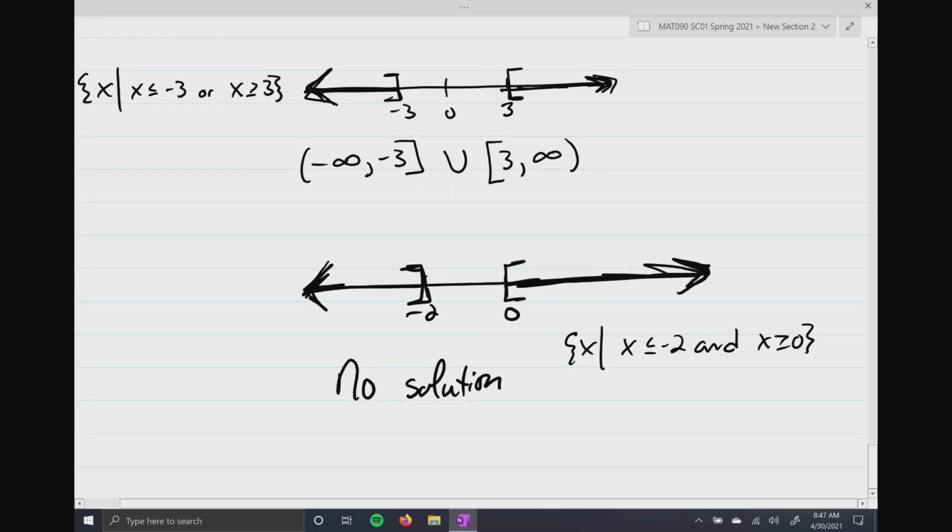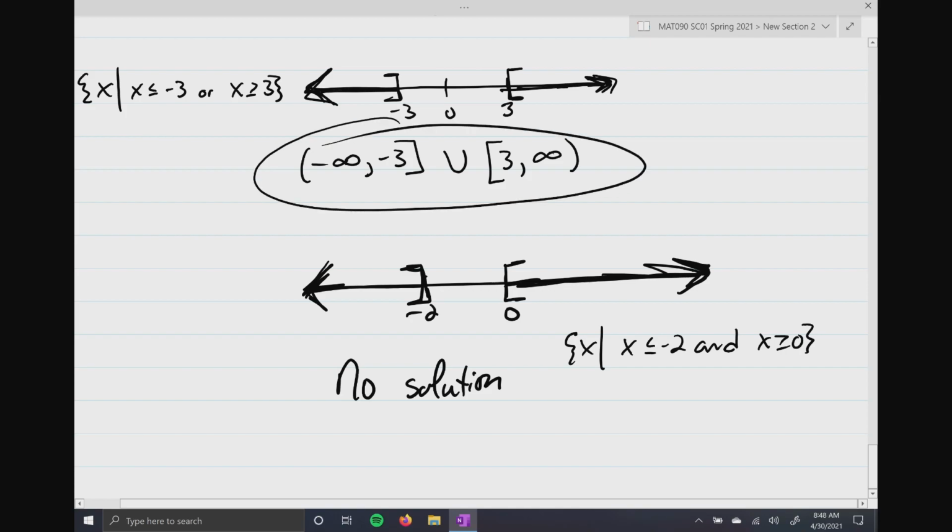Here are the two problems right here. Notice if it's an or statement, you actually get a solution: negative infinity to negative 3, including negative 3, or 3 to infinity, including 3. If that compound inequality is the word and, you don't get a solution. Does that make sense? Does that make sense, everyone? Just at least give me a thumbs up or a yes. Okay, good. Got a couple thumbs up in the crowd.